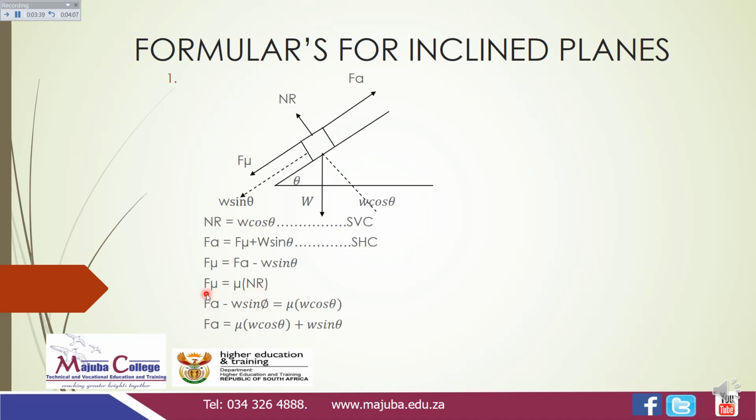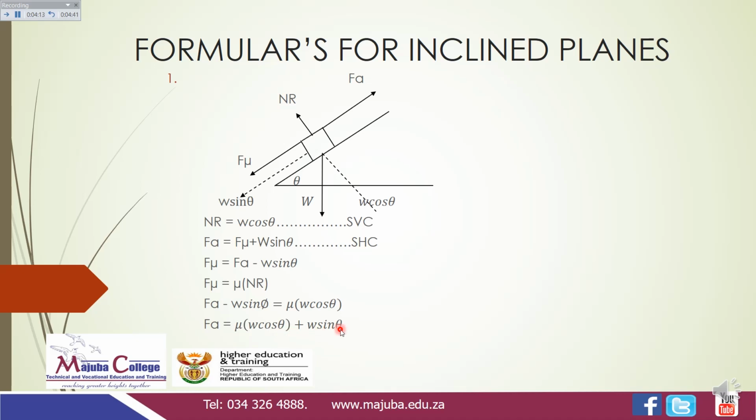So instead of the frictional force, we're going to substitute FA minus W sin theta equals mu, which is the coefficient of friction, times, instead of NR, now we're going to put W cos theta. So your formula will be FA, which is the pulling force, equals the coefficient of friction times W cos theta, plus W sin theta.